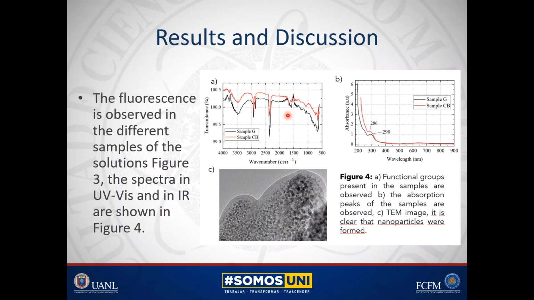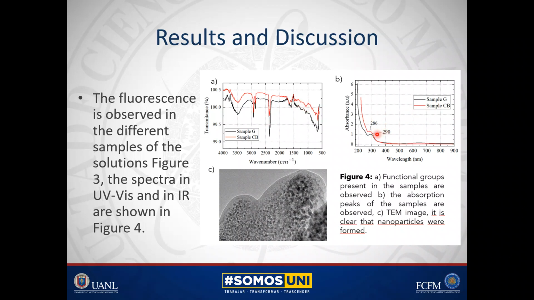We can also see the IR spectrum of all samples and the UV spectrum. As we can see, the IR spectra are very similar for the two samples, the sample G and the sample CB, which means that they have similar functional groups, indicating that the two samples are very similar.